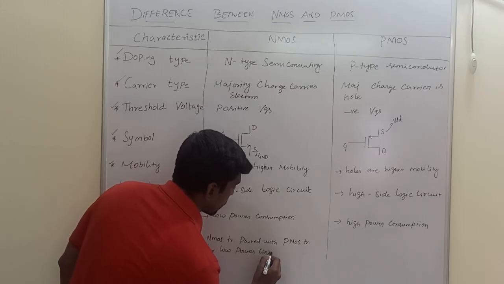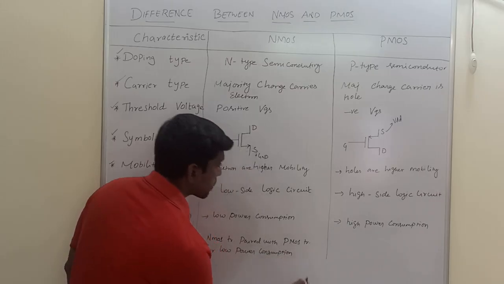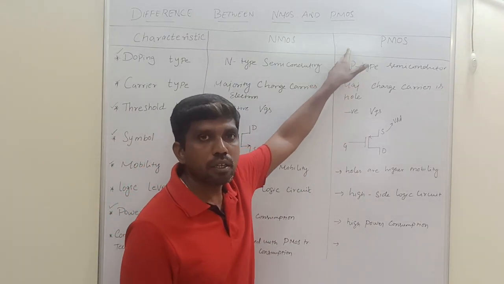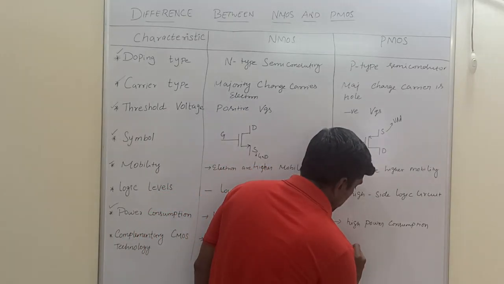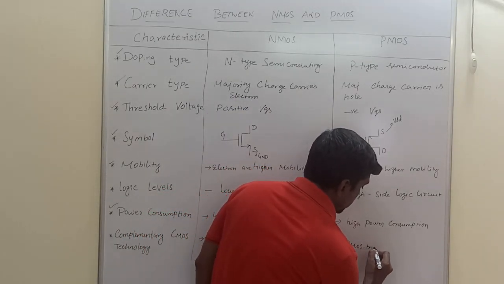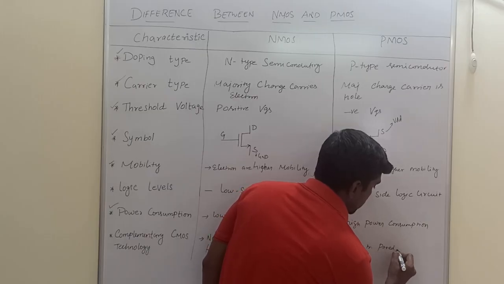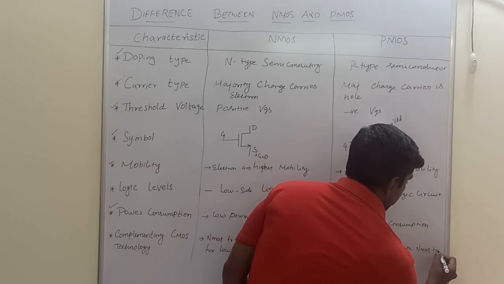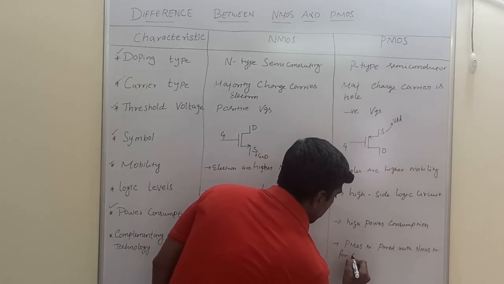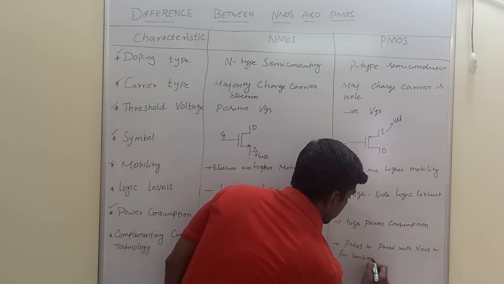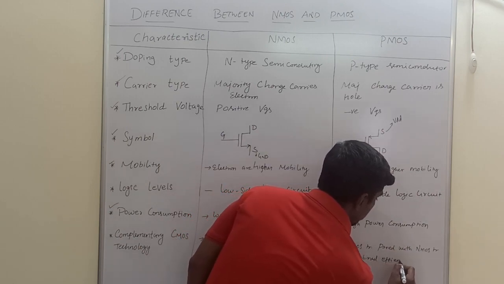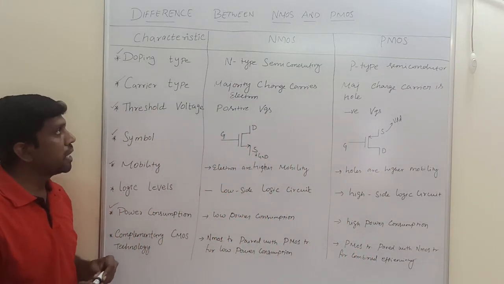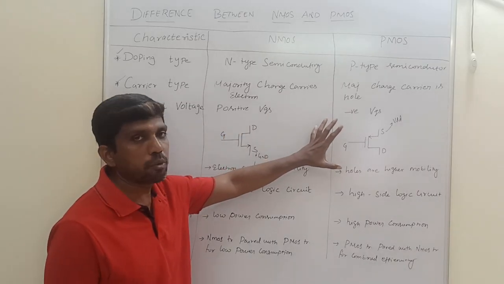The PMOS transistor is paired with NMOS transistor for combined efficiency. So these are the major differences between NMOS transistor and PMOS transistor.